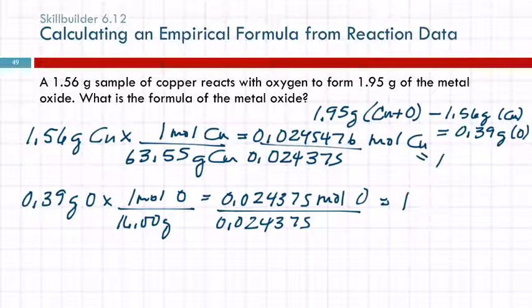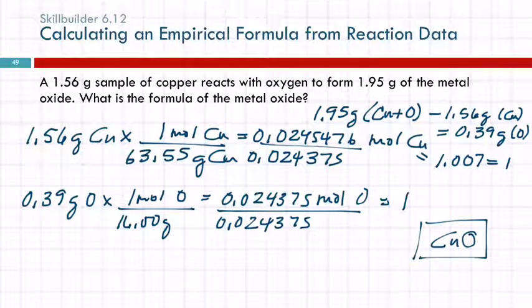Okay, and that gives me 1.007, blah, blah, blah. Can be rounded to 1. So our formula is CuO. Any questions?